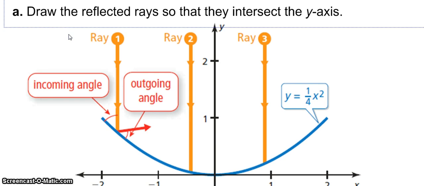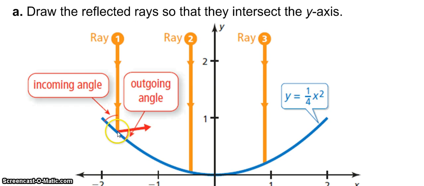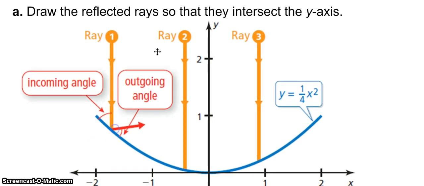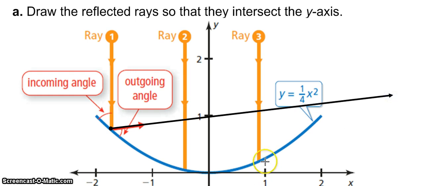So keep in mind, this angle here is the same as this angle here. That's how the reflection works. So if I draw these reflected rays, this ray here is going to be kind of like this. Now I know this is easier for me to do on a computer maybe than for you to do freehand, but this is what it's going to look like.